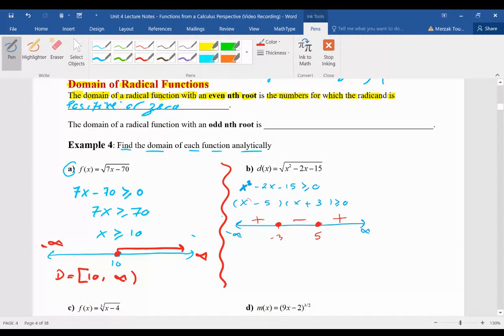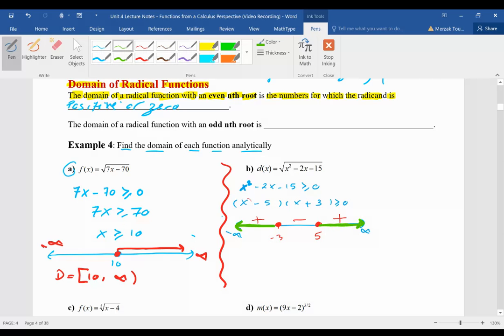Positive times positive is positive. Now we can clearly see where the product of x minus 5 and x plus 3 is positive. It is on the interval from -infinity to -3, and also from 5 to infinity.